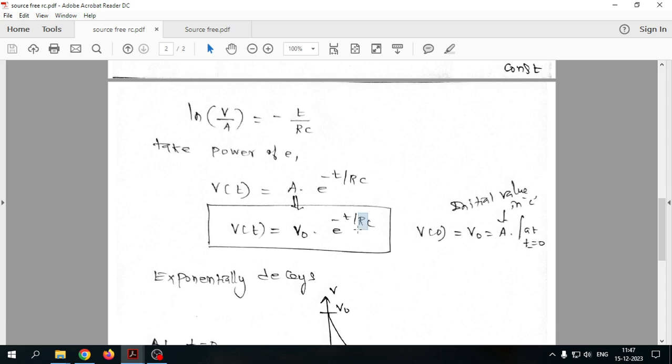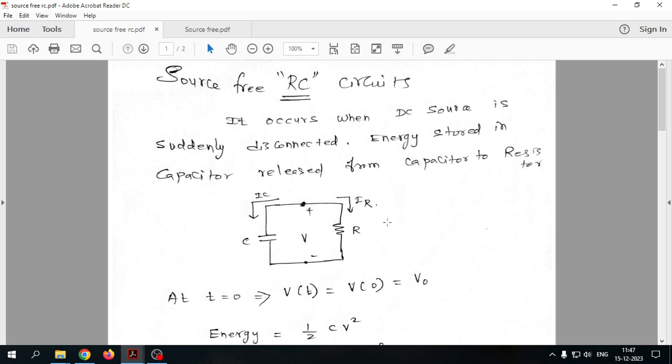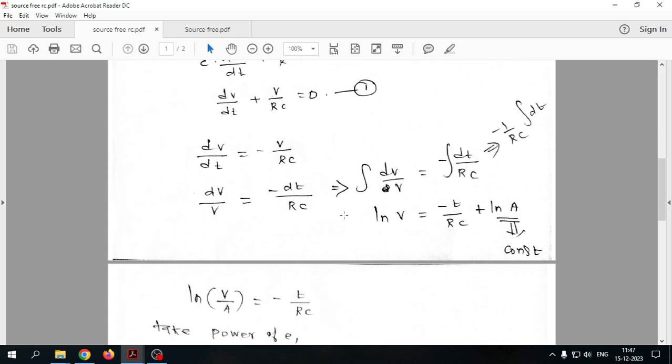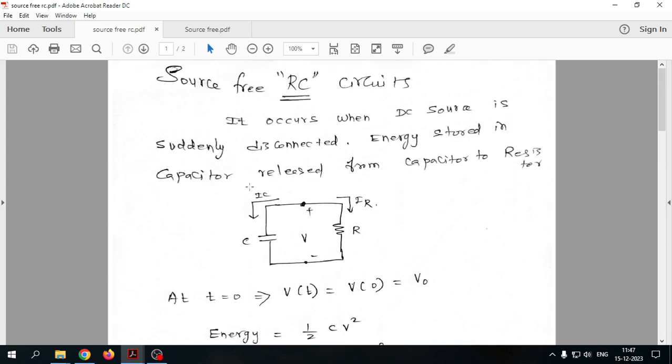Since we have only one R in the circuit, it is R into C. If we have 2 to 3 or more resistances in the circuit, then we need to calculate the equivalent resistance of the total resistance, and then calculate the rate of discharge. That is what we are going to see in the problem also. So this is all about the source free RC circuit.